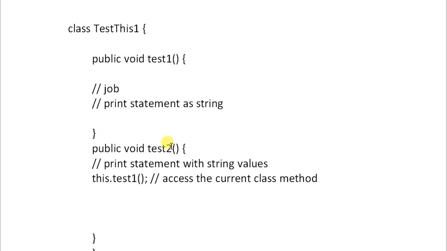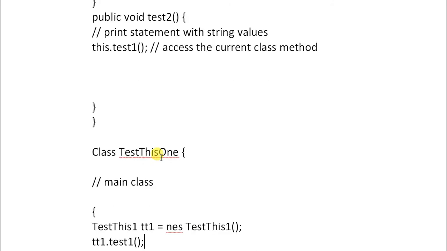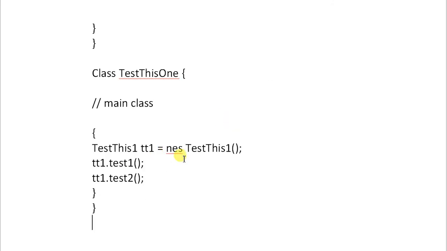So what will be the output here? This string value and the output of test1 method. When we call test1 and test2, the test1 output is the string value which has been mentioned in test1.